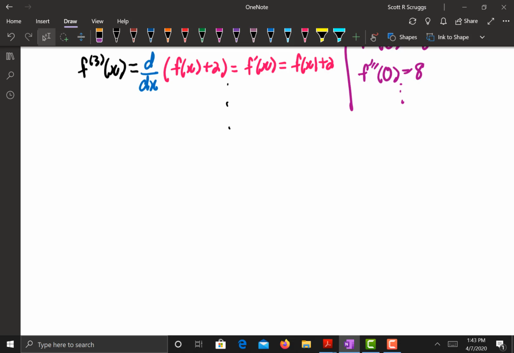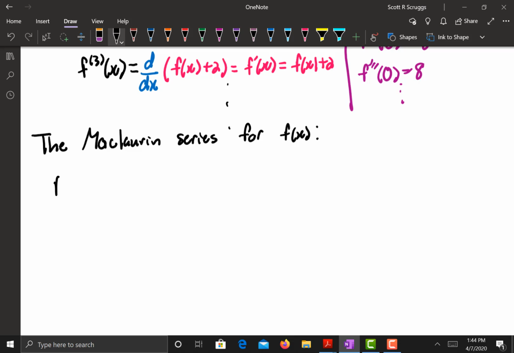Alright, and now let's use this information to write down the Maclaurin series for f of x.